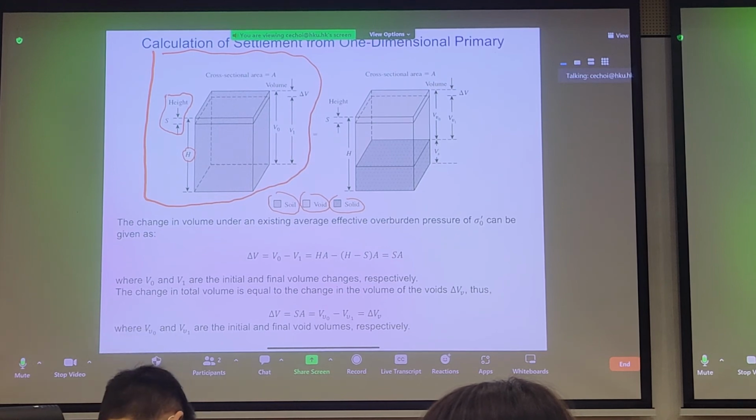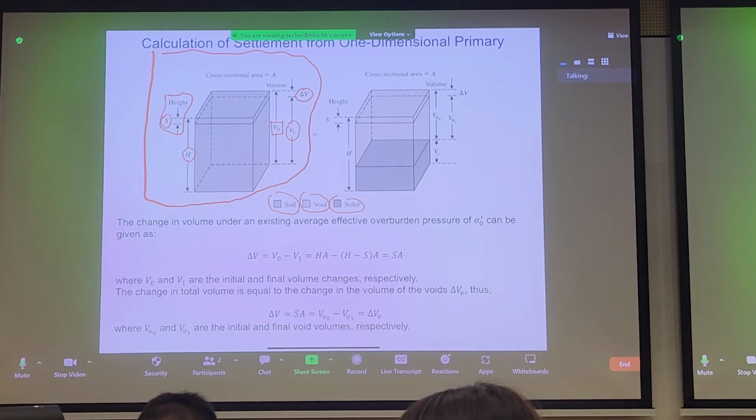Our initial volume is just the height times the cross-sectional area, V naught. And after some change in volume or settlement, we'll get a reduced volume from compression. If we break this schematic diagram up, just like in our odometer equations, we can put all the solids at the bottom and all the voids at the top. That's exactly what we're doing here.